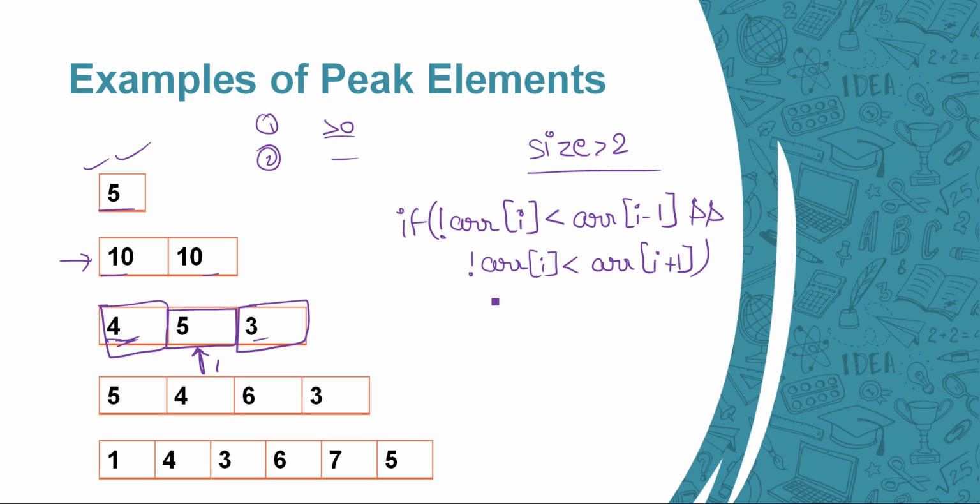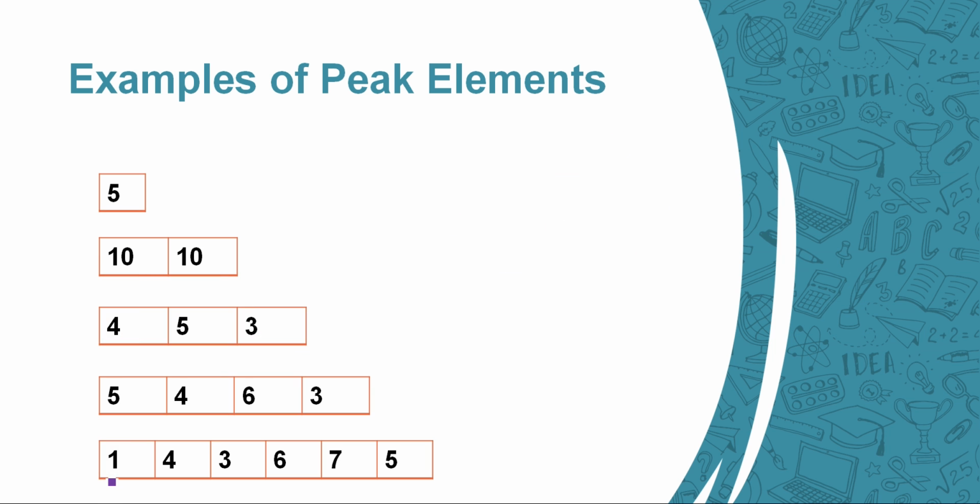So the basic condition is this 5 should not be smaller than this and then this. If this condition is satisfied, then we need to print cout arr[i], whatever it would be. So I already have written the whole algorithm.